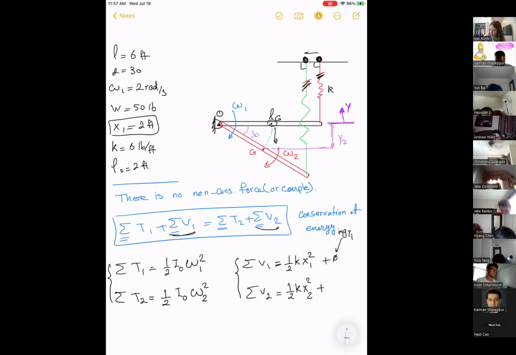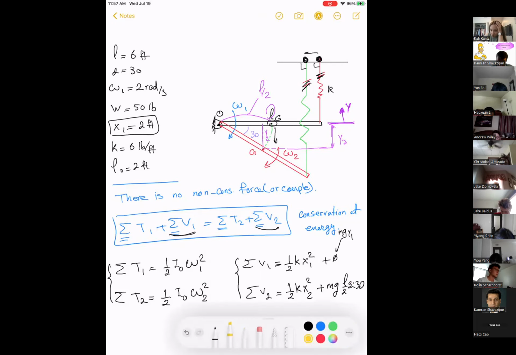It's L sine 30, which is L by 2, half of L, because this is symmetric. I'm just going to keep it L by 2 so we know where this comes from. So we're going to get M G L by 2 sine 30, and that is going to be this height Y2.